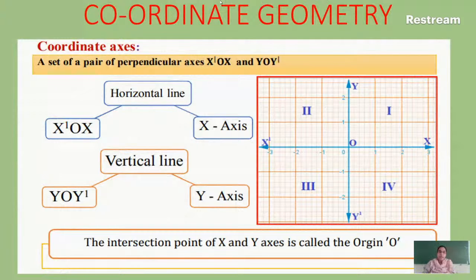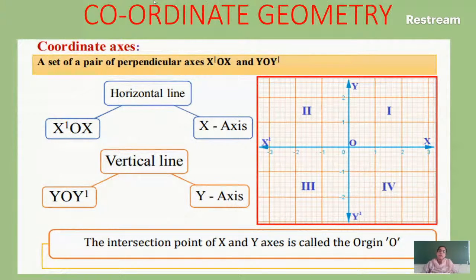On your screen, if you observe, x dash ox is the x-axis, that horizontal line we are going to call the x-axis, and the vertical line, that is y dash y, is your y-axis.